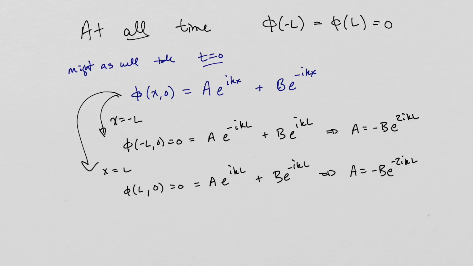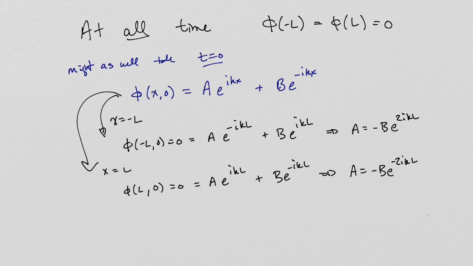And now it's like, oh no, right? How can both of these expressions be satisfied at the same time? If a is equal to minus b times e to the 2ikL, then it seems very awkward that it can also be equal to minus b times e to the minus 2ikL, right?